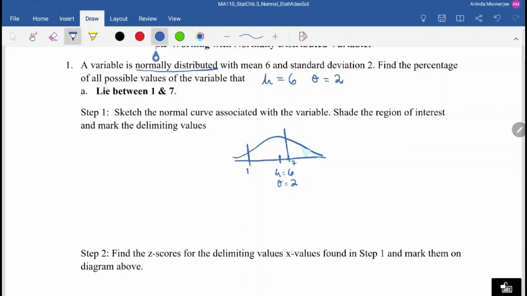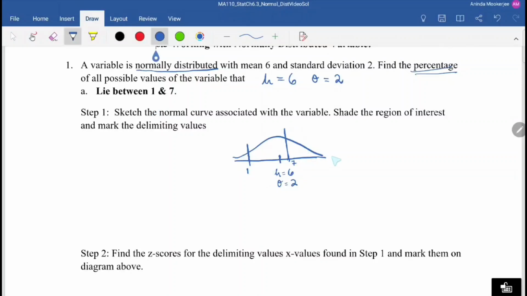Okay, and remember, in order to find the percentage of observations, we need to find the area. The percentage and area correspond with each other, all right? So whenever they're asking you for the percentage, that means immediately you should know that you have to find the area, in this case, between these two values.